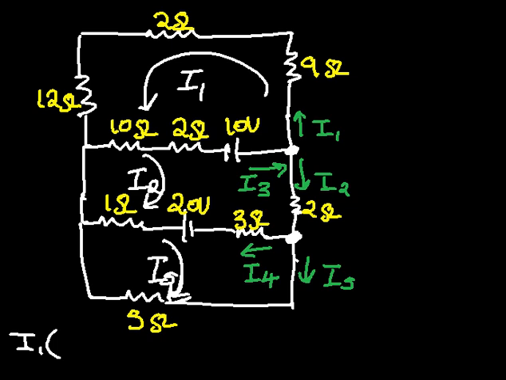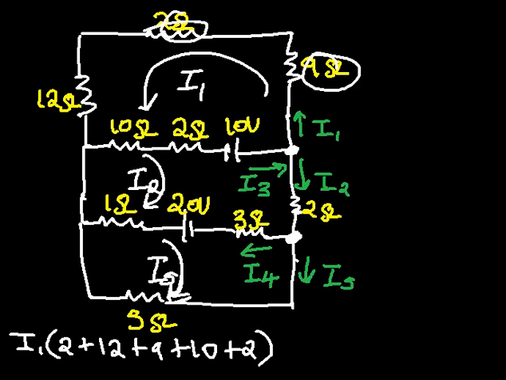Now, what are the resistors found in loop 1? We have, ignoring the units, 2 plus 12 plus 9 plus 10 plus 2, because we have this and this as well.